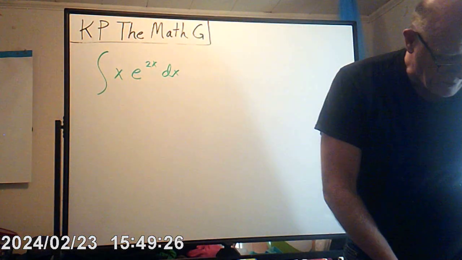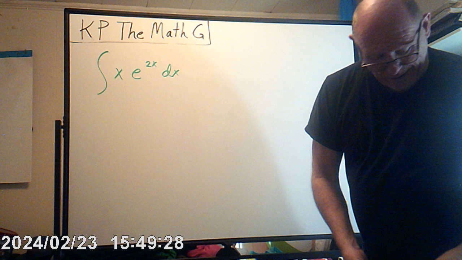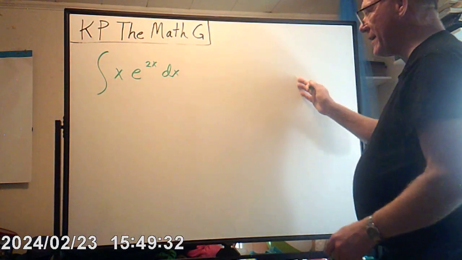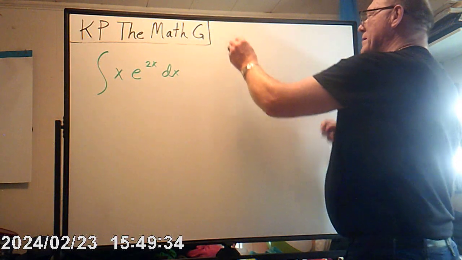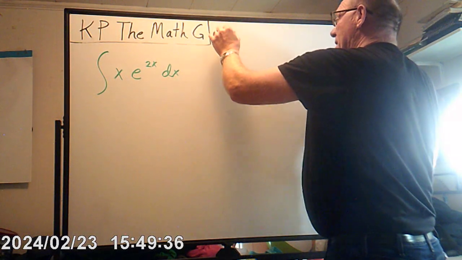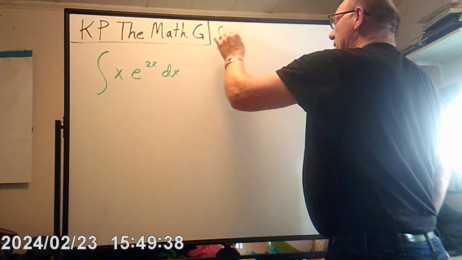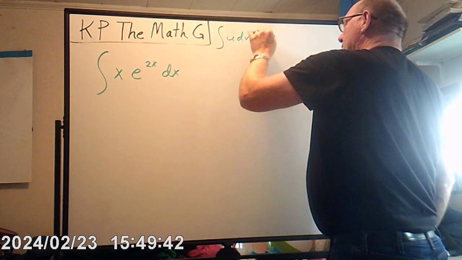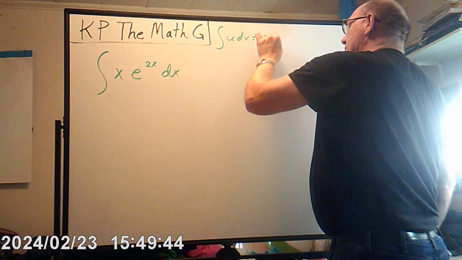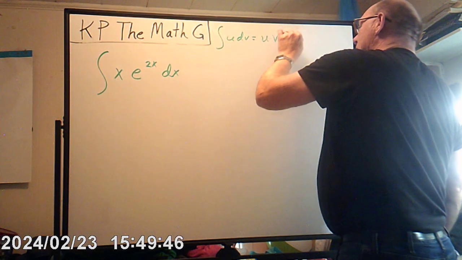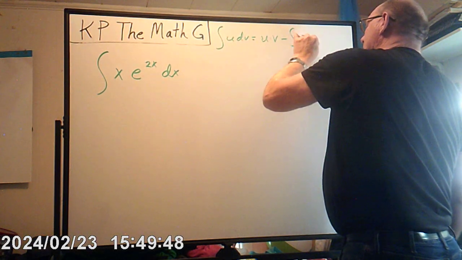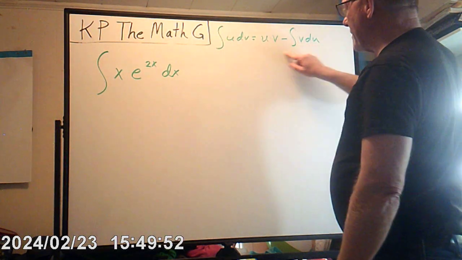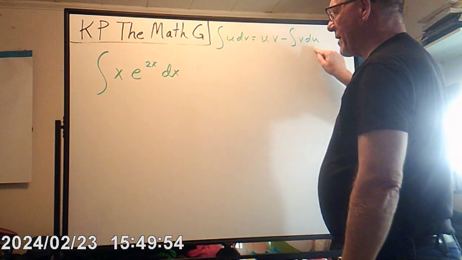Now, I integrated this by hand yesterday using that form. Integral of u dv is equal to u times v minus the integral of v du. We did that pattern yesterday.